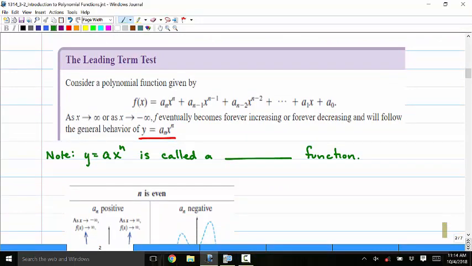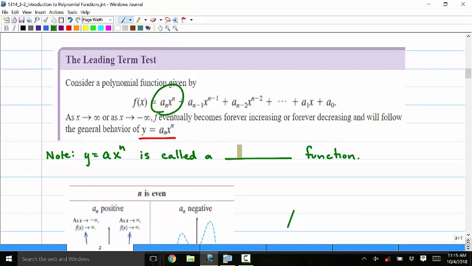Okay, the leading term test. Consider a polynomial given by, this was just a generic polynomial, right? We're wanting to go talk about end behavior. That polynomial is going to act like y equals that. As x goes to infinity or negative infinity, f eventually becomes forever increasing or forever decreasing and will follow the general behavior of y equals a sub n x to the n.